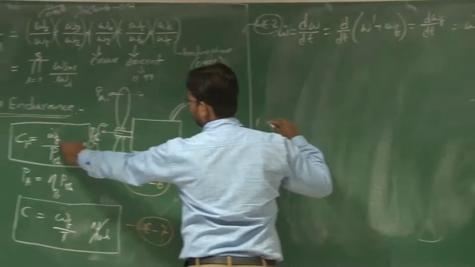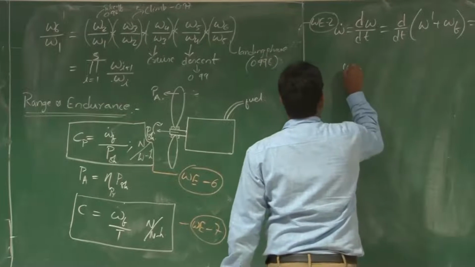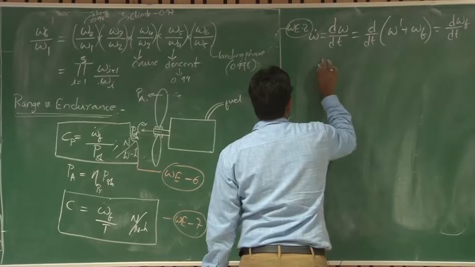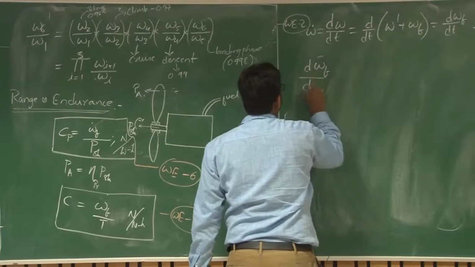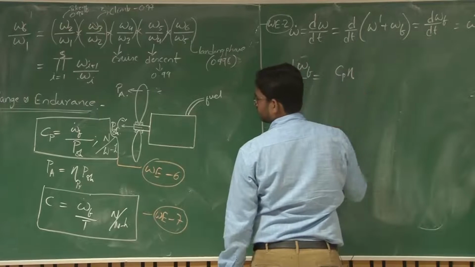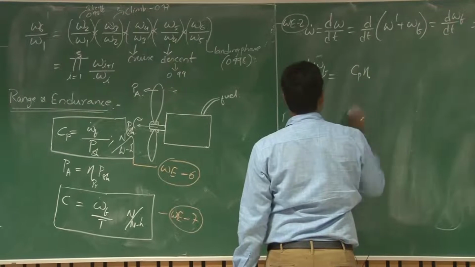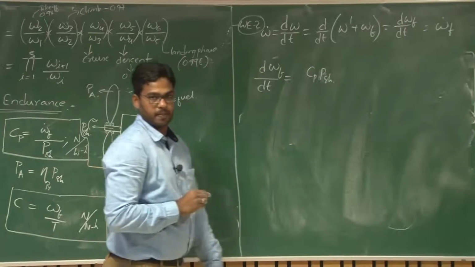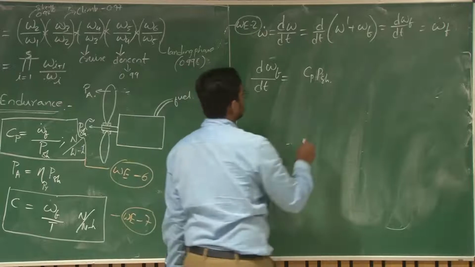Now, what is W dot f here? For a propeller engine, W dot f, or dW by dt, is equal to Cp into P shaft, shaft power. What is shaft power?